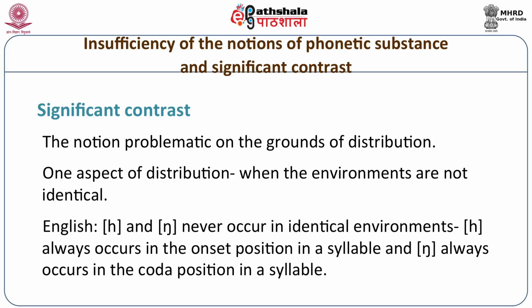For example, h occurs mostly at the beginning of syllables in the onset position, whereas ng occurs at the end of syllables in the coda position. Now, h and ng are thus in different environments, and thus they can never be shown to be really contrasting. Now, what is it that makes us see h and ng as contrasting segments?